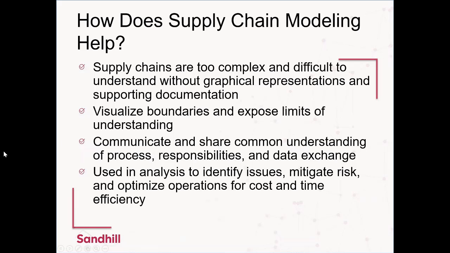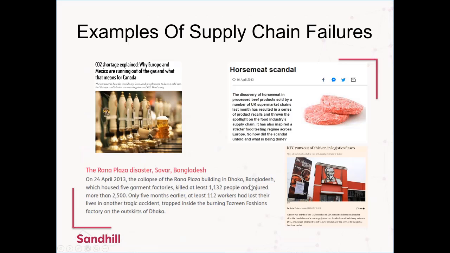And the same process models and supply chain models also get used in detail to help us understand what issues we've identified, how we can mitigate any risks, and optimize the operations for cost and time efficiencies.